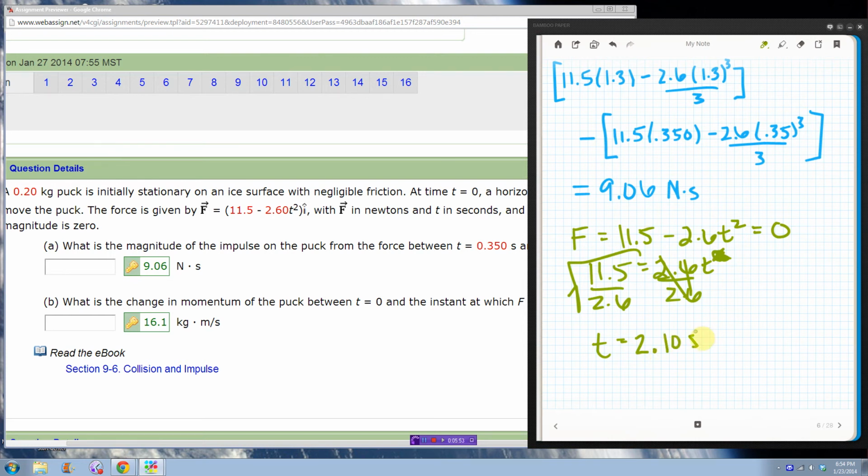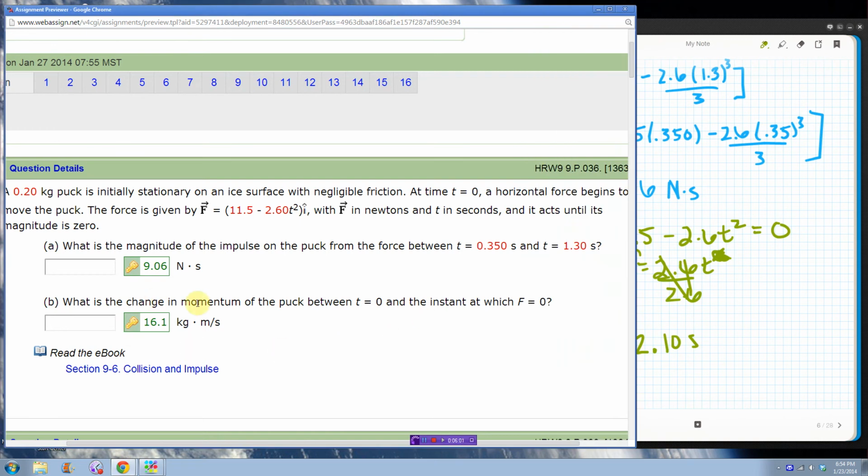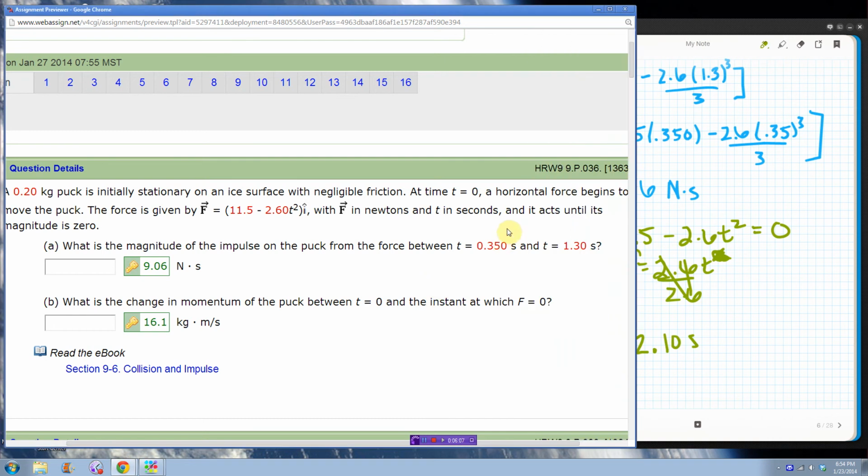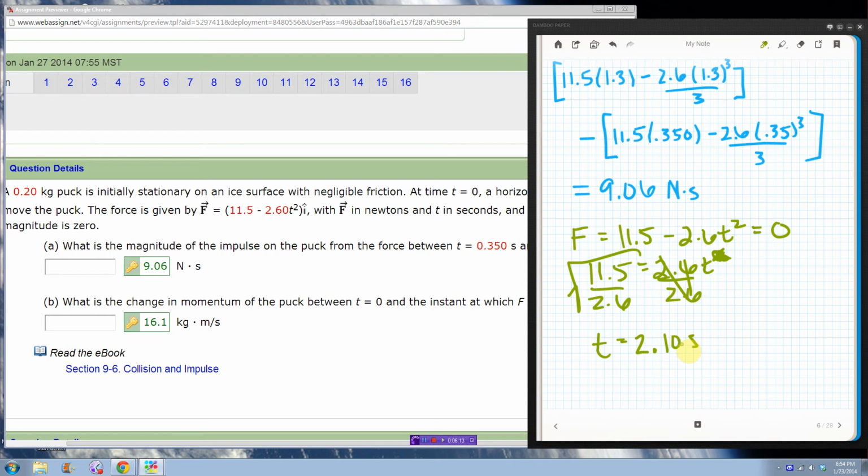I do the exact same thing as before, but now my limits are going to be from 0 to 2.1. So instead of 0.35 to 1.3, I'm doing 0 to 2.1. This should be a larger number.